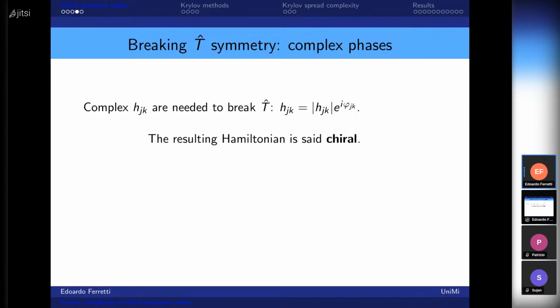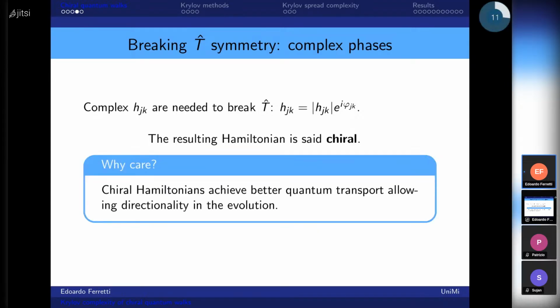Opposite to the other ones, these are called chiral, because, for example, now in a chain we have the possibility to distinguish between left and right. Since H is Hermitian, if the phase to go from j to k is phi, the phase to go from k to j is minus phi. So this affects the probabilities.